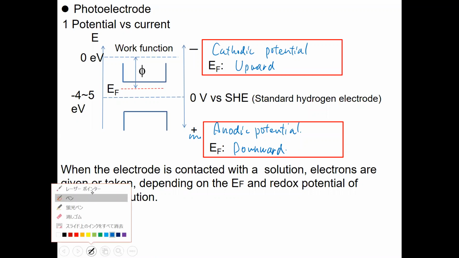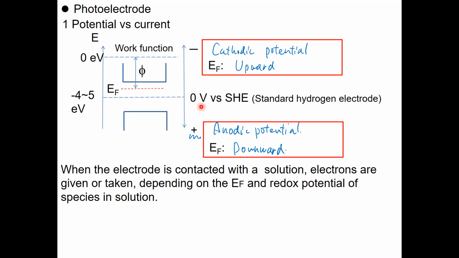Also, I would like to emphasize that in electrochemistry, we set the 0 volt at the standard hydrogen electrode potential, which means hydrogen is changed to a proton.